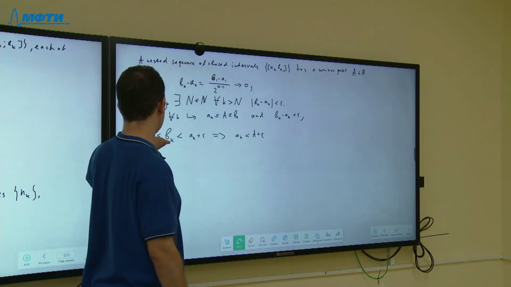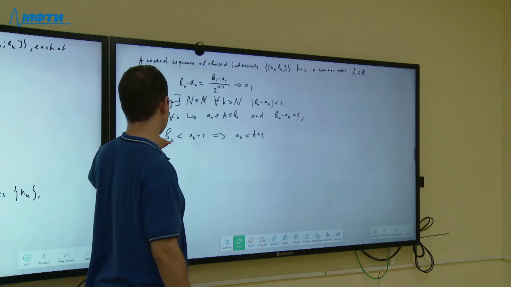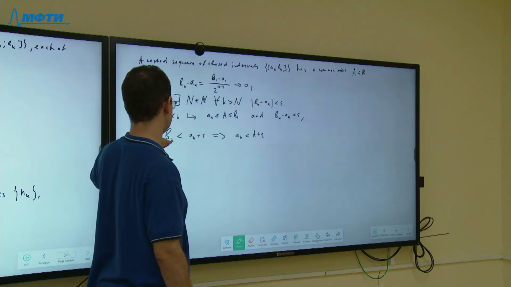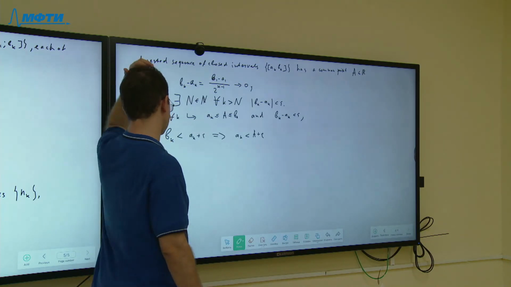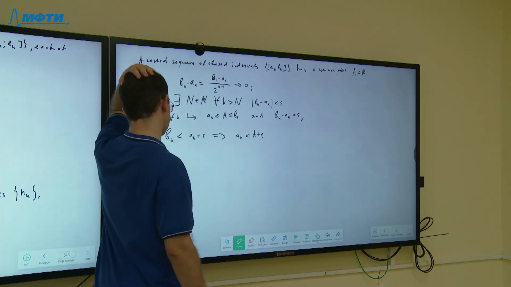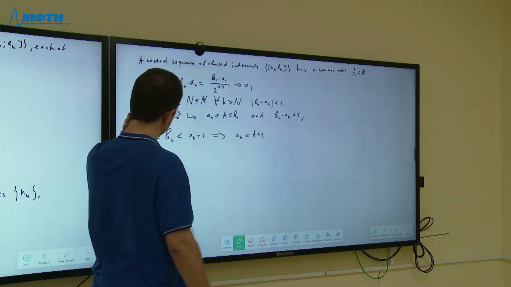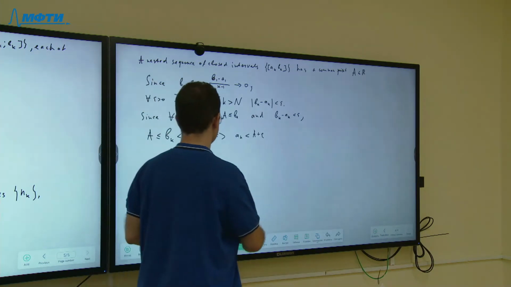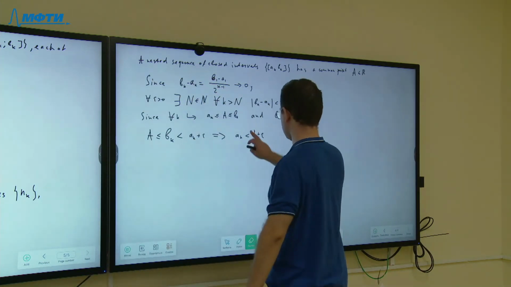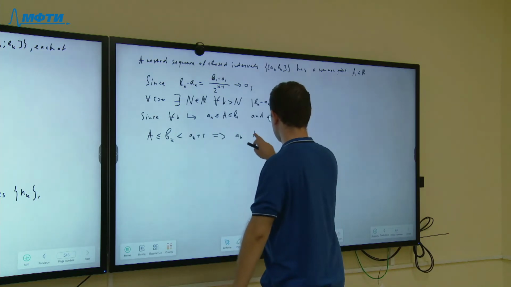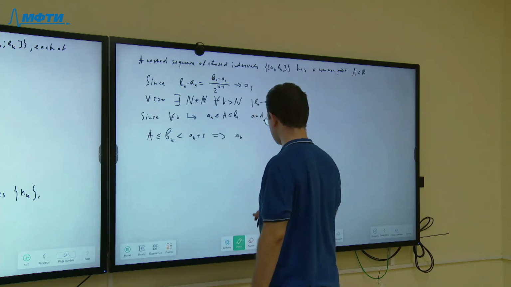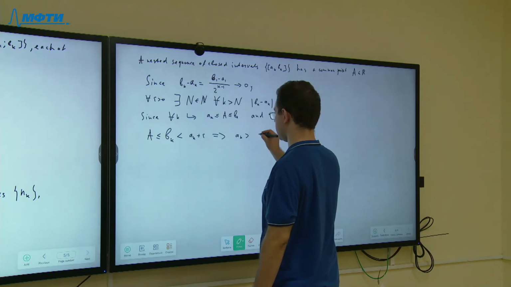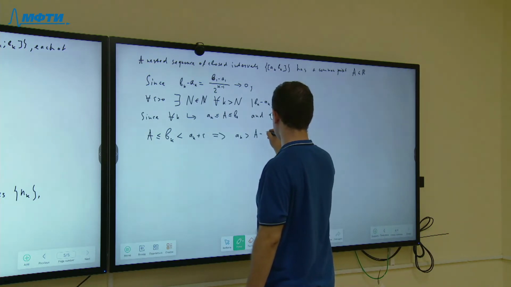And from here it follows that a_k is... the other way around. a_k is greater than a minus epsilon.